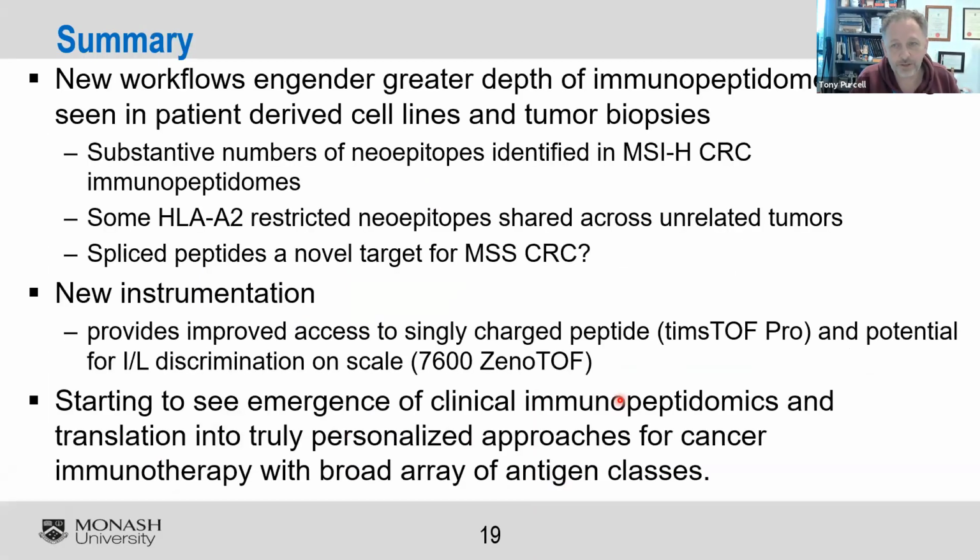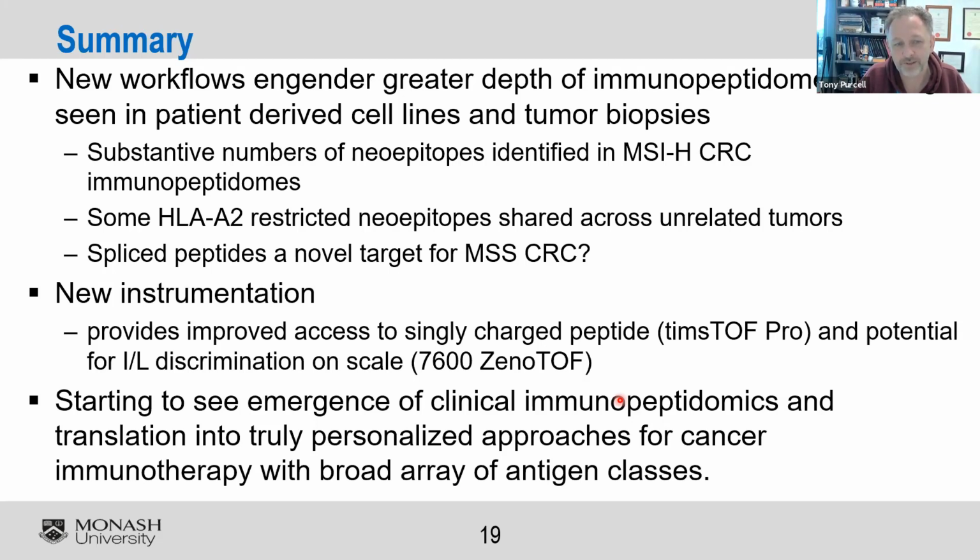And just to quickly summarize and put everyone out of their misery so we can all go and have a drink, or a coffee in my case, because it's too early. With the workflows we're using, we're getting substantive numbers of neoepitopes when there's a high tumor mutational burden.